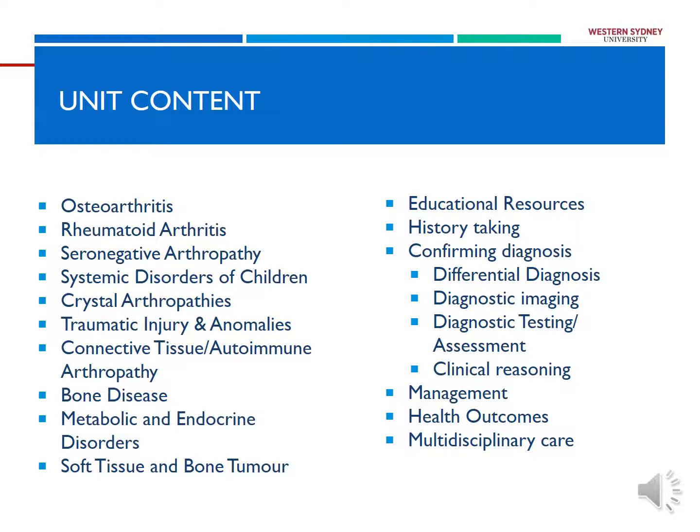So you'll specifically be learning a lot around osteoarthritis, rheumatoid arthritis, something called seronegative arthropathies, systemic disorders of children, crystal arthropathies, a nice example of that being gout, traumatic injury and anomalies, connective tissue autoimmune arthropathies, bone disease, again a nice example would be osteoporosis, metabolic and endocrine disorders, things maybe such as Paget's disease, soft tissue and bone tumours, as well as looking at educational resources for patients and how you can develop these and the impact on their management.